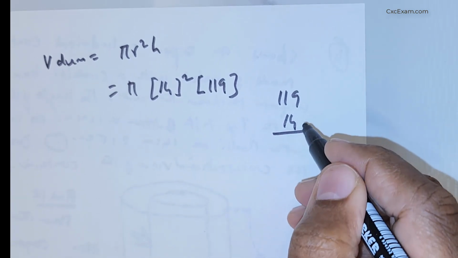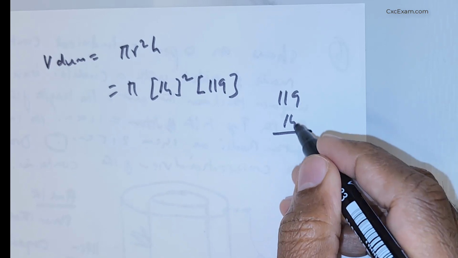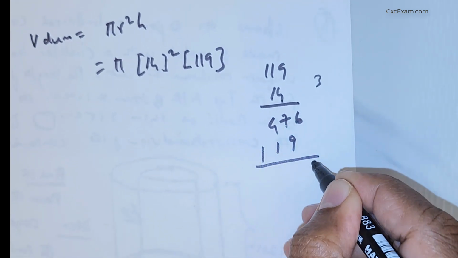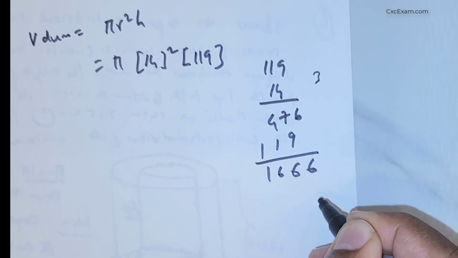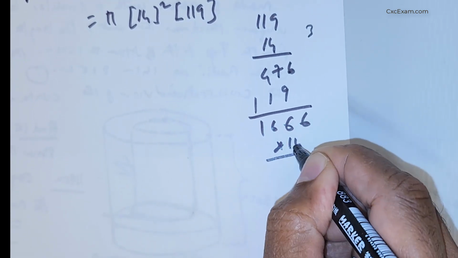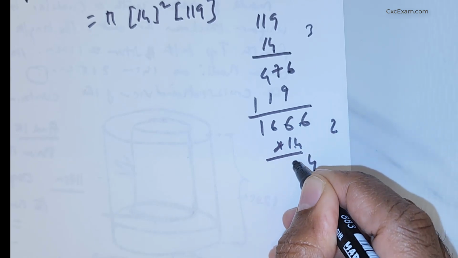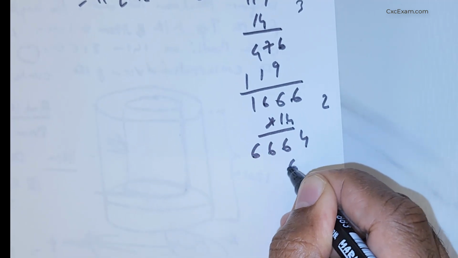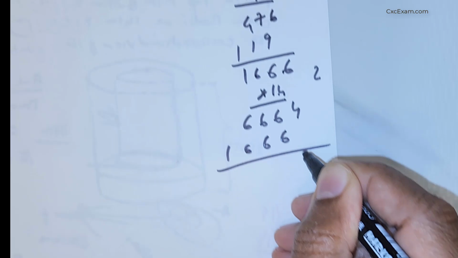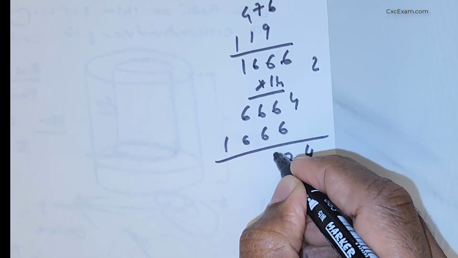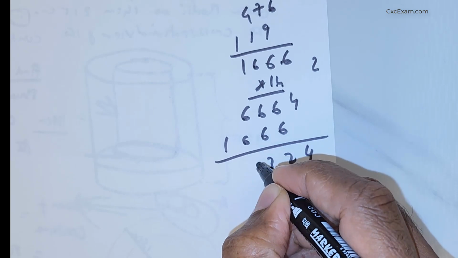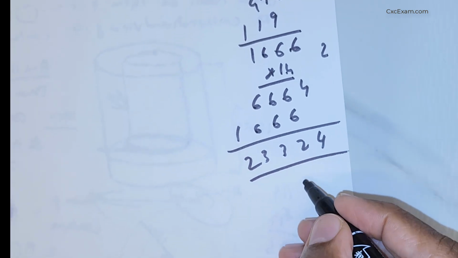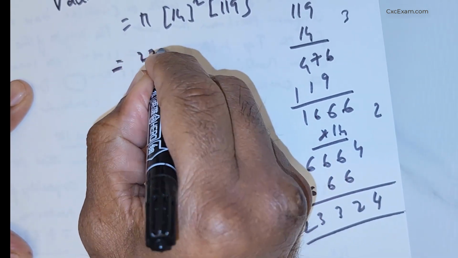I will be doing the mechanical way of multiplying. 9 4s are 36, 3 carried, 7, 4, 9 1s are 9... So the value is 23324.